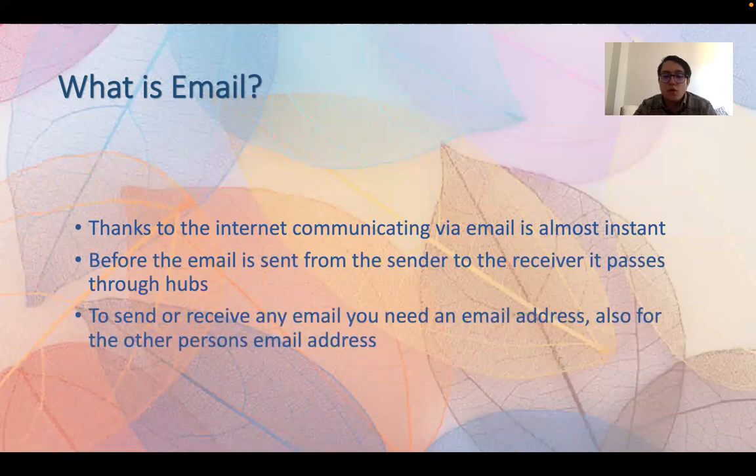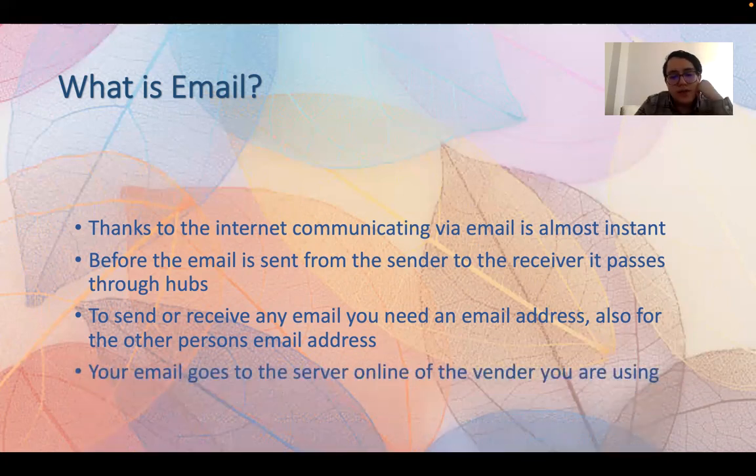To send or receive any email, you need an email address, and also the other person's email address. So you need basically 2 emails: one is your own address and one is your receiver who is getting your email. Your email goes to the server online of the vendor you are using.